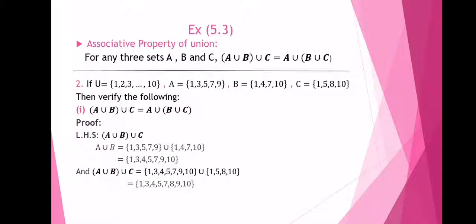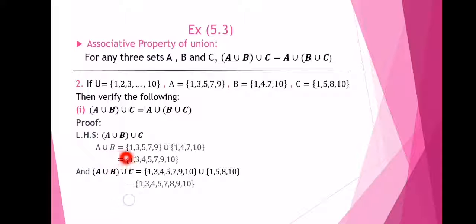That is, if U is equal to {1, 2, 3, up to 10} and A is equal to {1, 3, 5, 7, 9}, B is equal to {1, 4, 7, 10} and C is equal to {1, 5, 8, 10}, then verify the following, that is (A union B) union C is equal to A union (B union C). The parenthesis around A union B, and then on the right hand side around B union C, indicates that we are going to do them first.